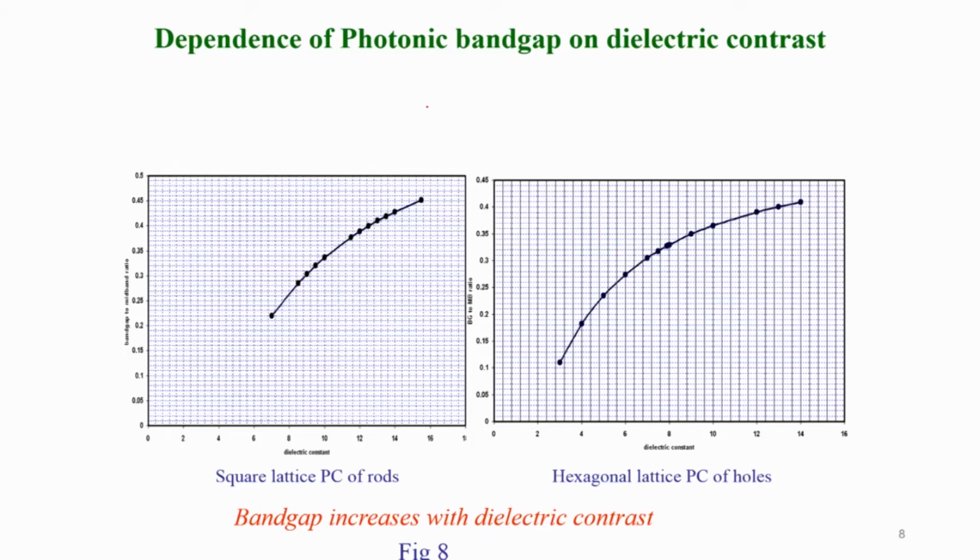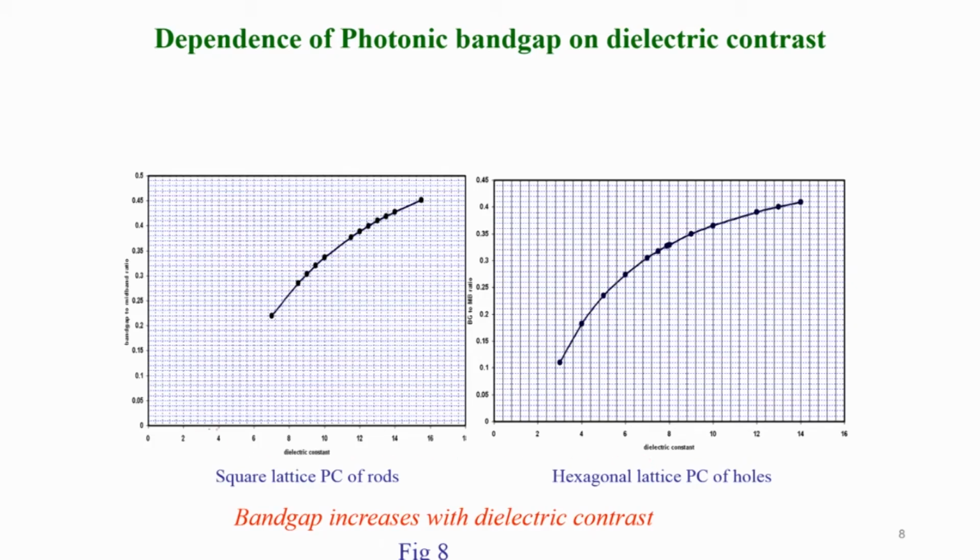So, this picture shows the dependence of the photonic band gap on the dielectric constant or the refractive index of the medium. For a square lattice of rods, you have a band gap varying with dielectric constant like this, it is almost somewhat parabolic, and similarly the band gap to mid band ratio is shown in this for the hexagonal lattice.